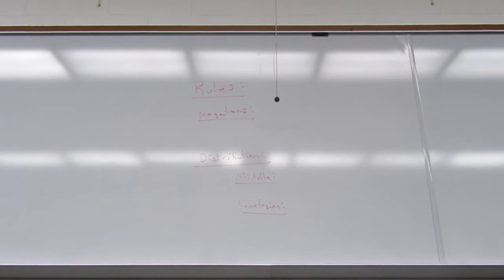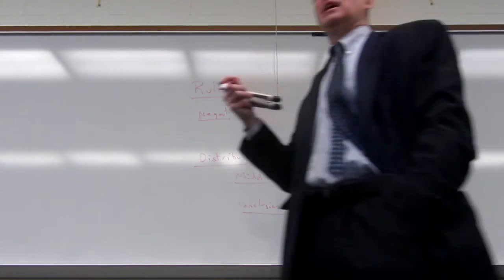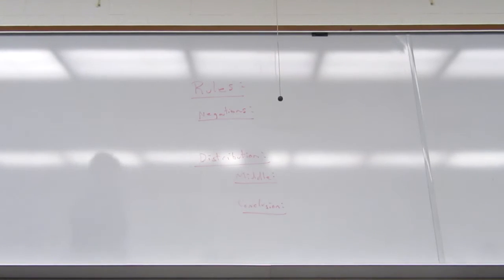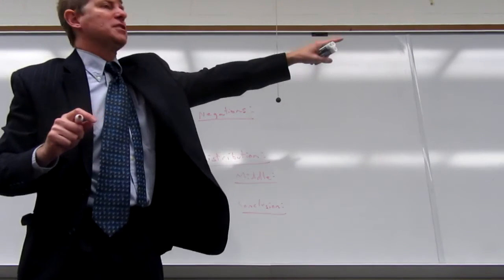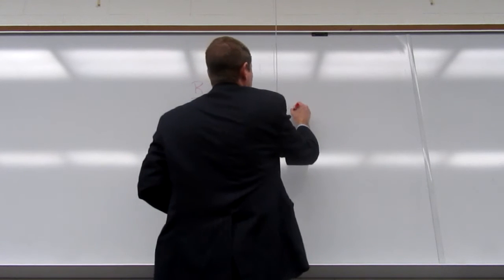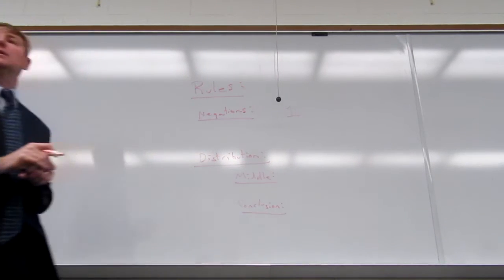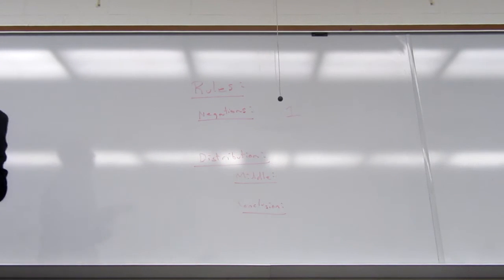All right. Has the negation rule been passed? The negation rule says the same number of negations found in the conclusion will be found in the sum of the premises. Our conclusion is a negation because it's an O statement. So we have one negation in the conclusion. How many negations do we have in the premises?